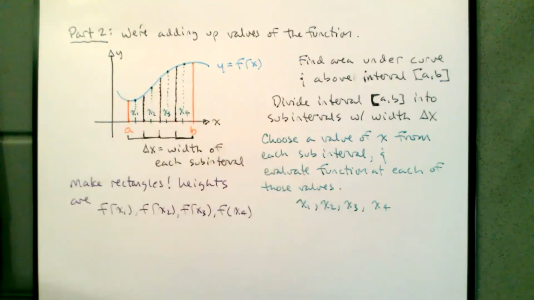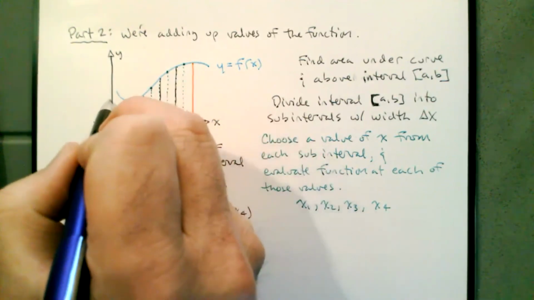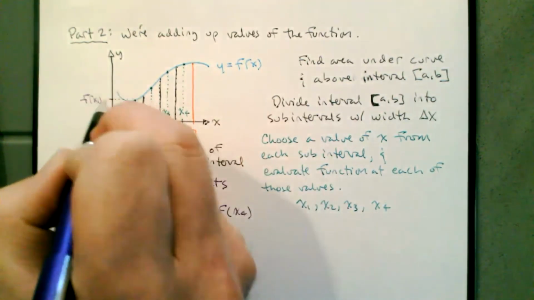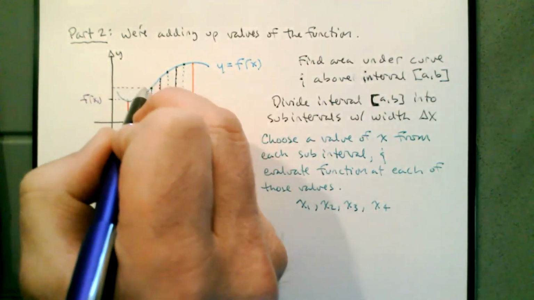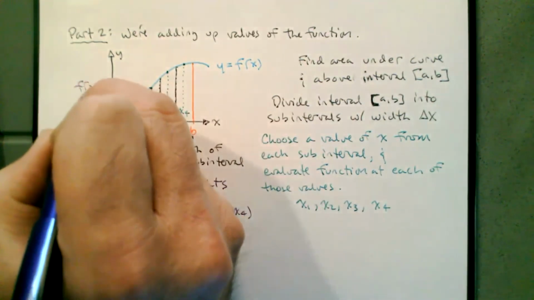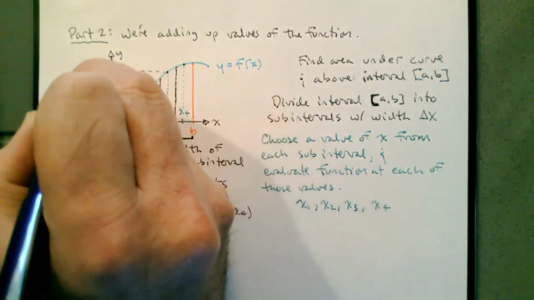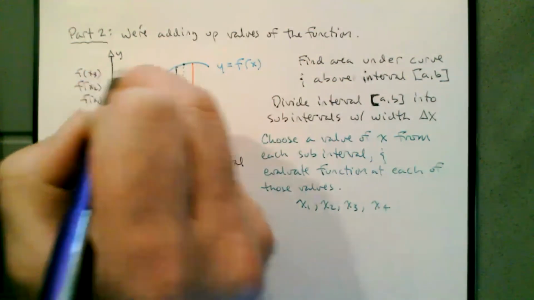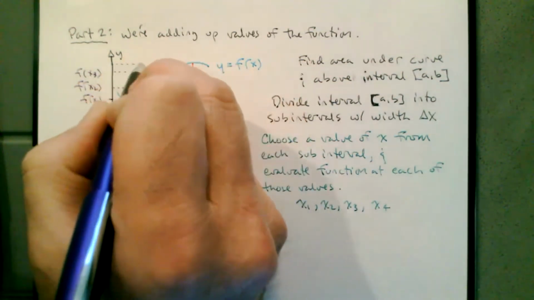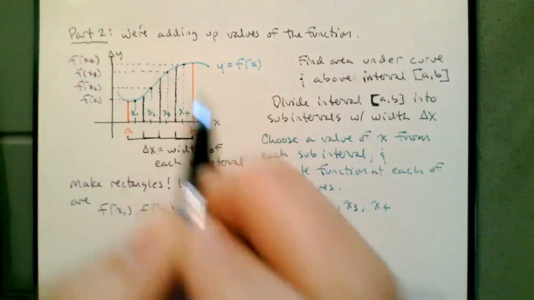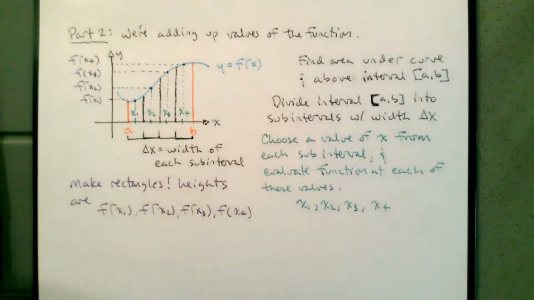So the heights of each of these rectangles are f at x1, f at x2, and f at x4.